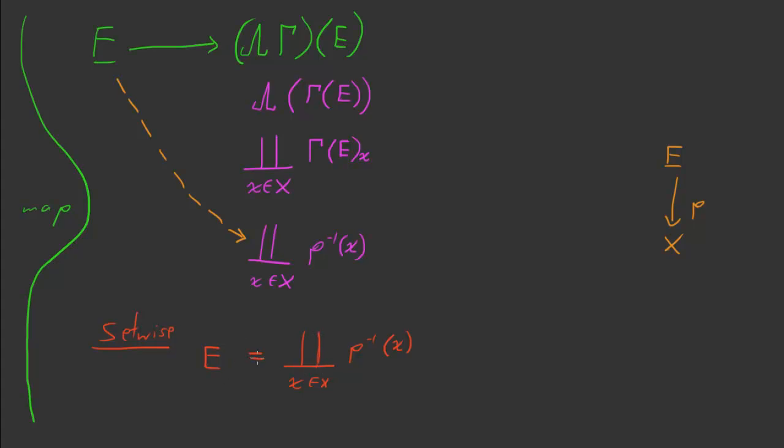So we can just define the identity map, which takes the point E to the point E. You start with some point E, you figure out which fiber it's in, and then you send E to that point in that fiber.